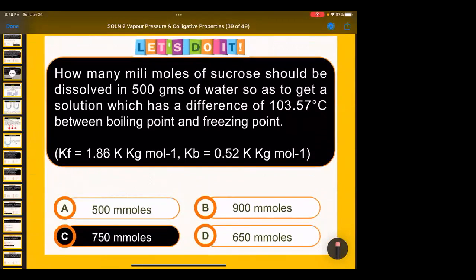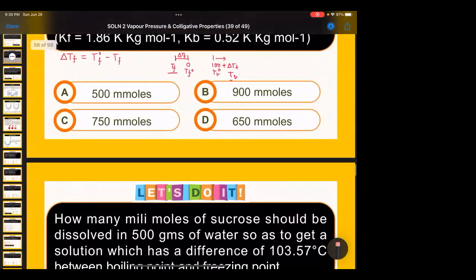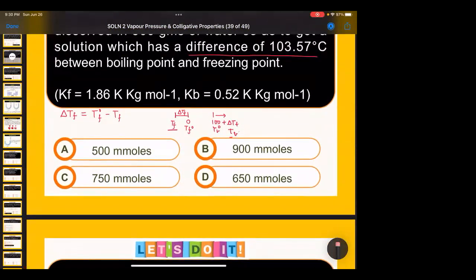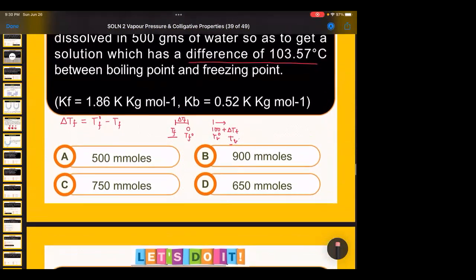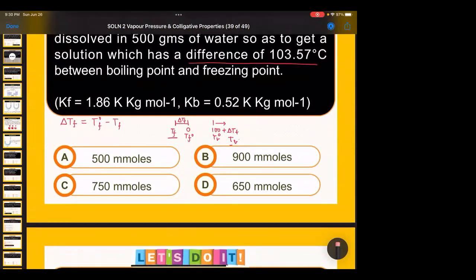Good, Miraj. Tell me quickly how you solved this problem. Yeah, the difference between the boiling point Tb minus Tf is 103.57. This gap is actually 100 plus delta Tb plus delta Tf.